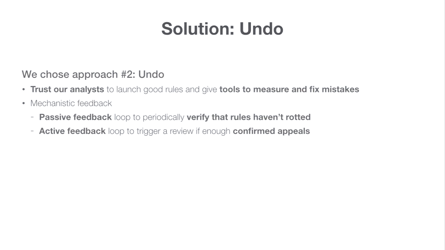If we get enough confirmed appeals, we deactivate people, they write in, we confirm their appeal, and if we see enough of those, then we suspect again that maybe the rule is broken, so we can re-review it. From an infrastructure perspective, this requires that all actions are reversible at any time. Like I said, you can't unsend email, so some things are not completely reversible, but this is the goal. It's easier said than done. Talk more about that later.